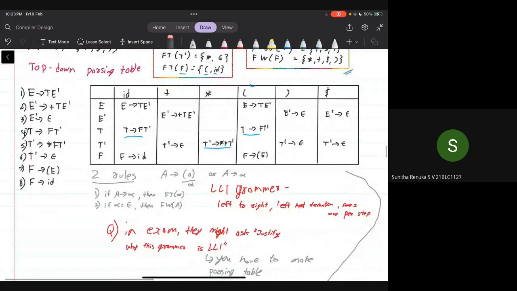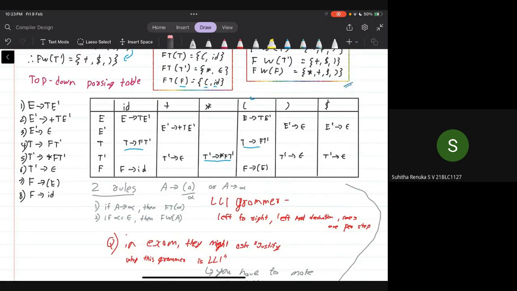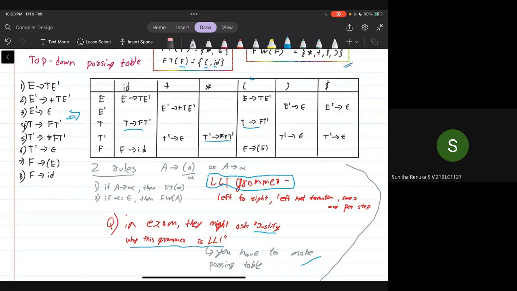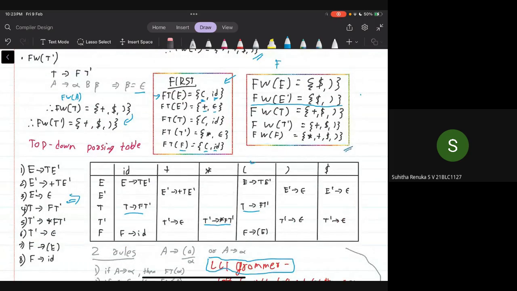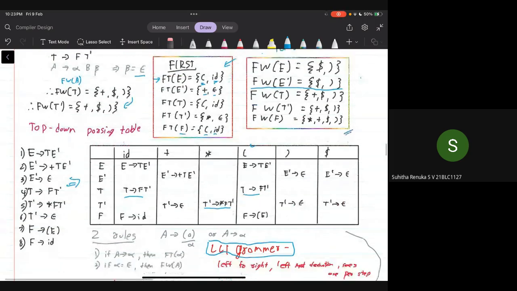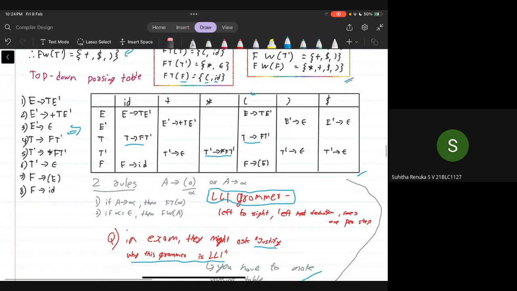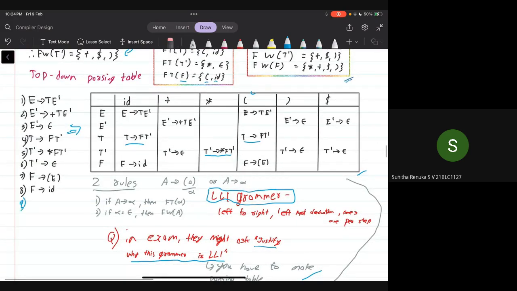When you are able to map this grammar into this table, you will call it LL1 grammar. In the exam, they will ask you to justify why this grammar is LL1. So you make the parsing table by finding the first and follow, then draw this, and say this grammar is LL1, justified. But let's say you have one more rule, F goes to only opening bracket.